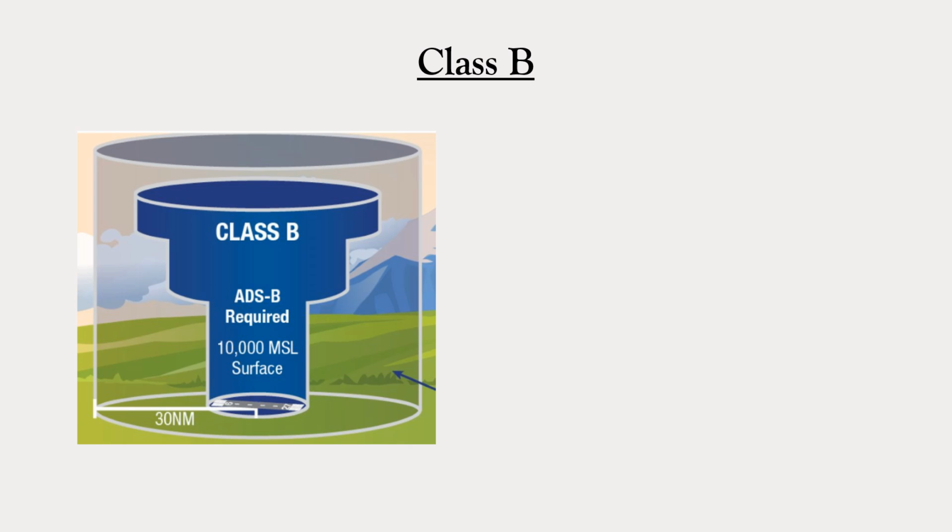Class B is the big airports. In our area, the area around Metro Airport in Detroit is Class B airspace. It's a lot bigger and it has a lot more stringent rules for operating in it.